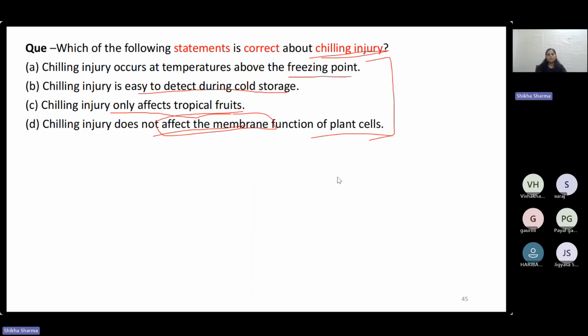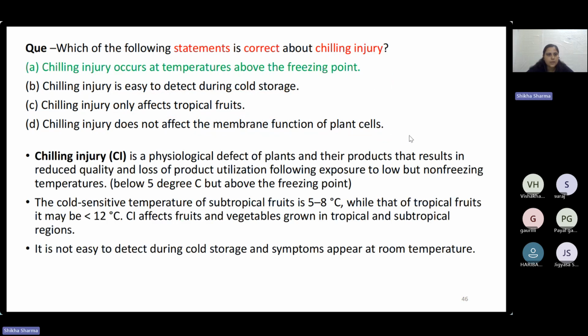Any answers? A. So yes, you are correct.